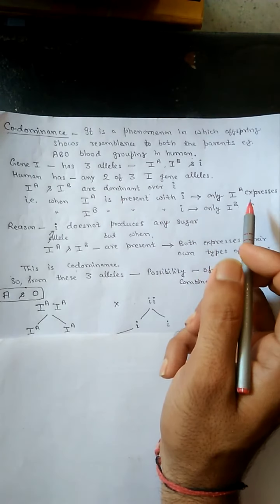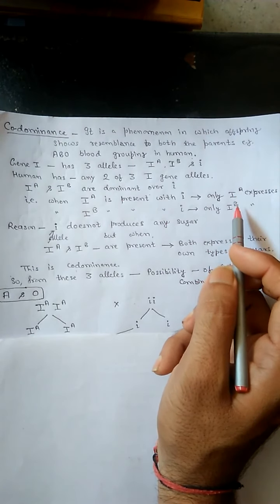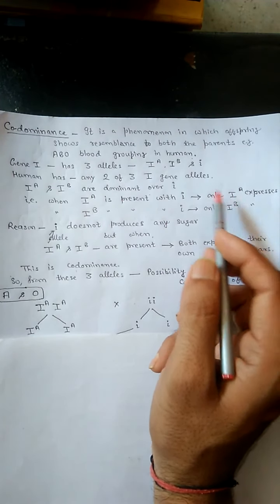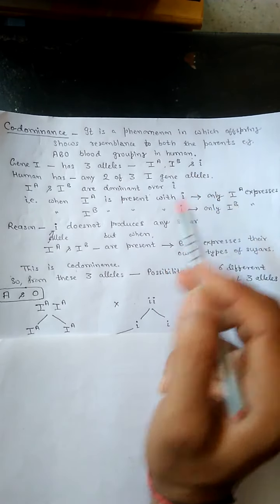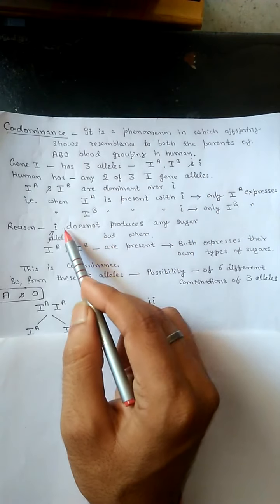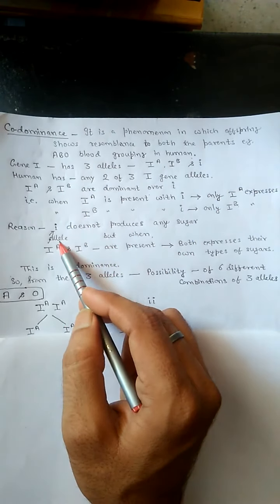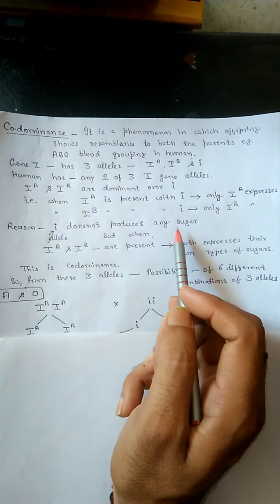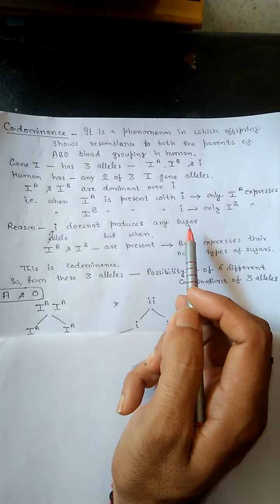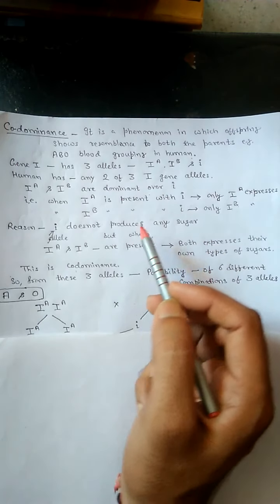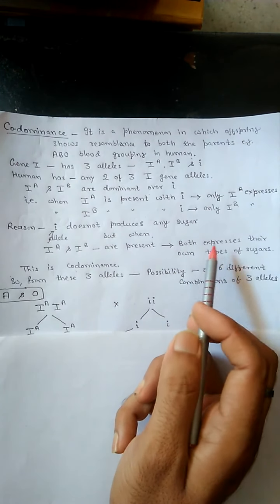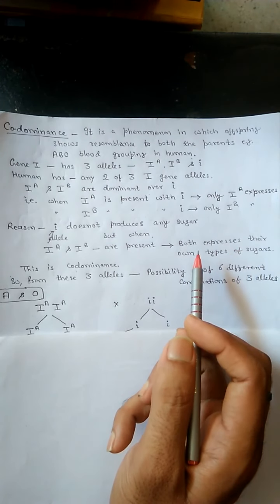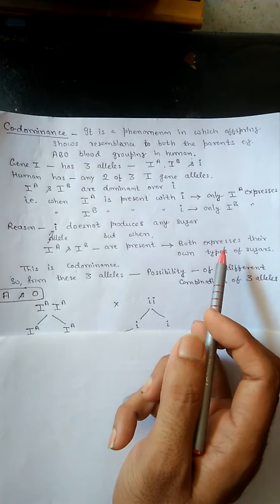The reason why IA and IB express themselves and small i does not is that the small i allele does not produce any sugar on its membrane. So when IA and IB are present together, both will be able to express their own type of sugars.